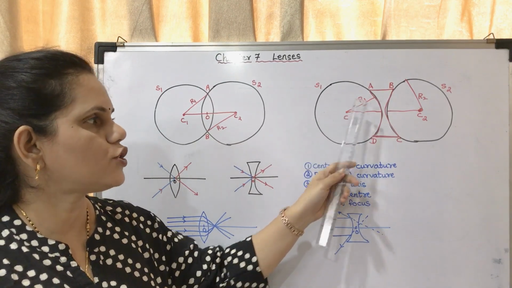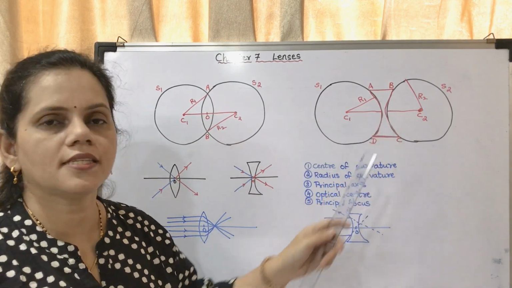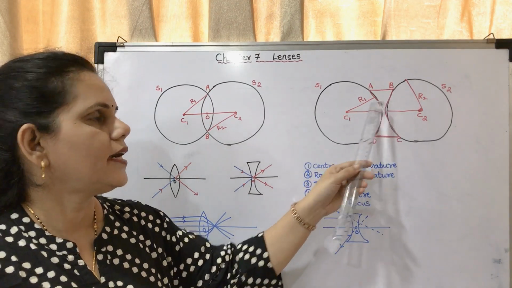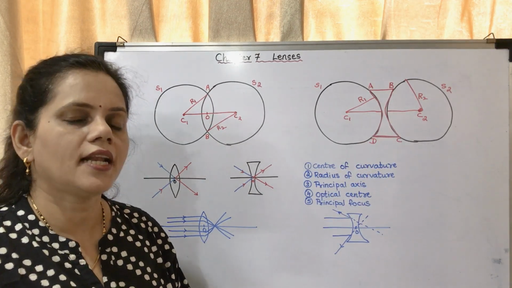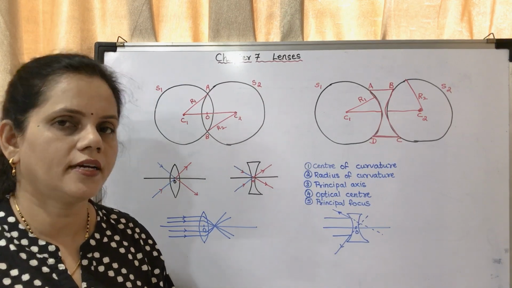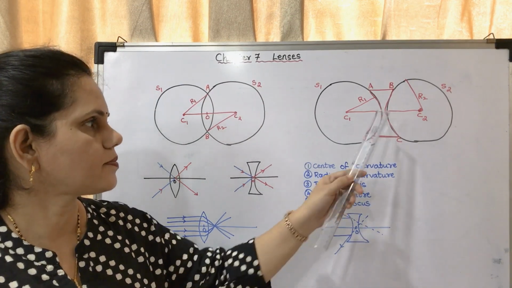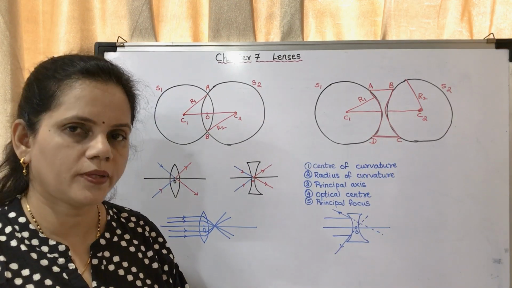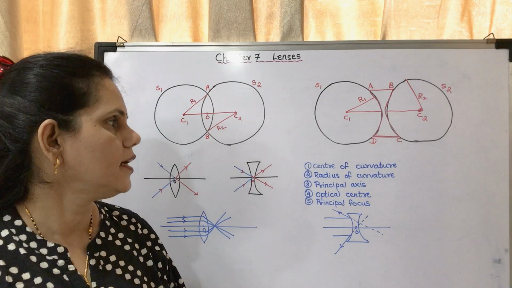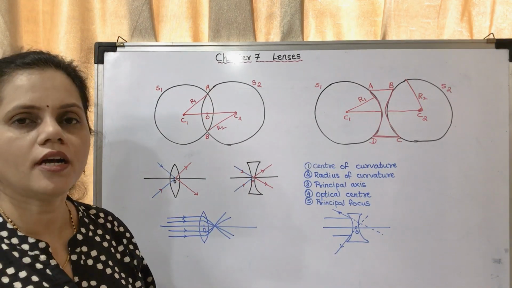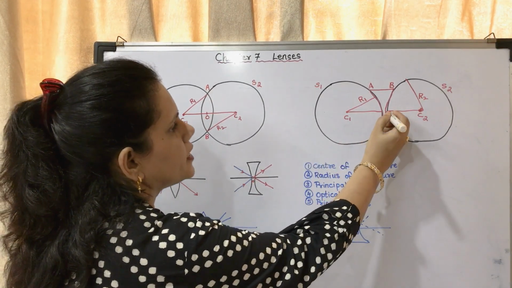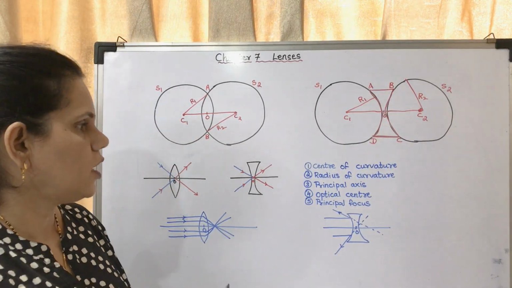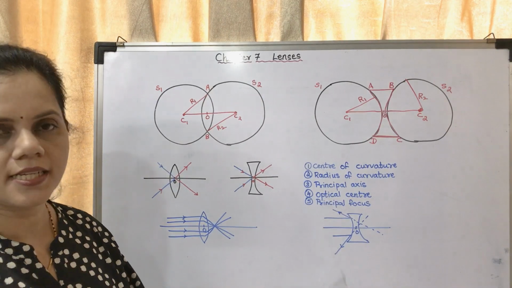The center of the sphere of which the lens is a part is called the center of curvature. The radius of the sphere of which the lens is a part is called the radius of curvature. The center of the lens is called the optical center. There is an optical center for convex lens also, and for concave lens also. So that is about optical center.